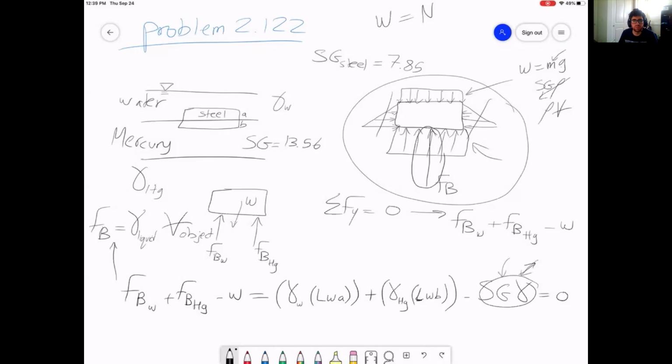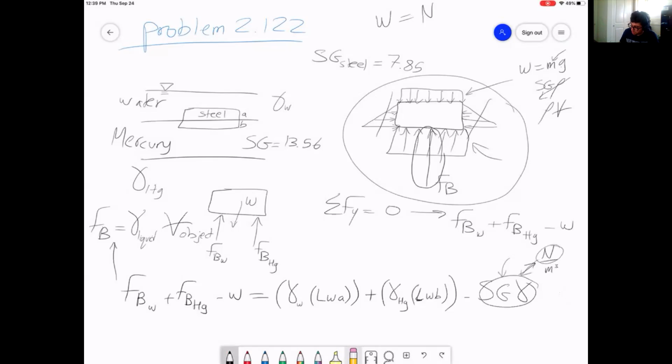SG has no units. It's unitless, it's a ratio. So the specific weight is newtons per meter cubed. How would you end up with newtons alone? You would have to multiply times volume.